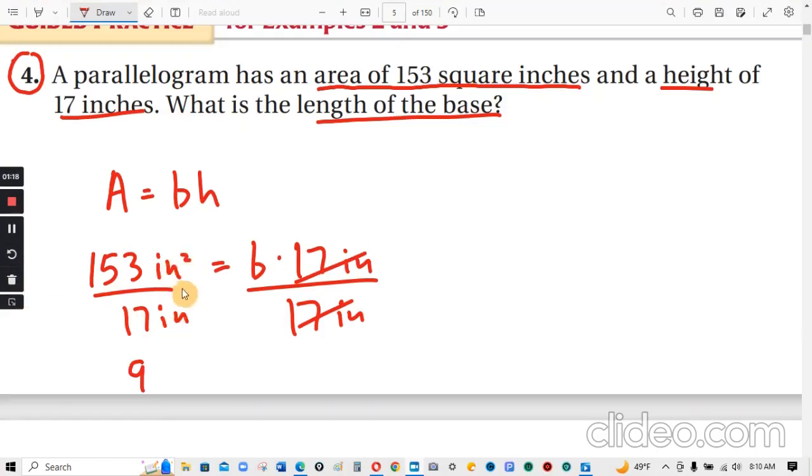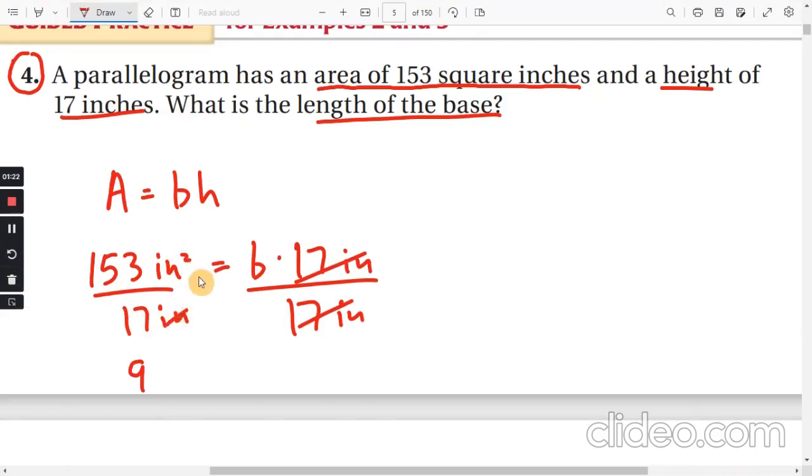Inches squared divided by inches: this inches cancels and the squared cancels, and you're just left with inches. And that equals the base B. So that is your final answer.